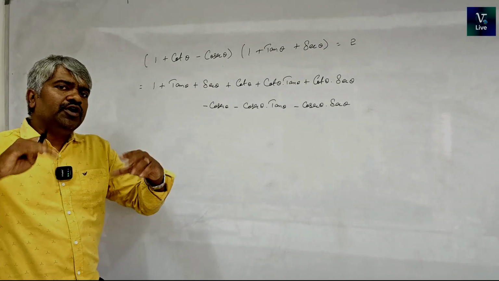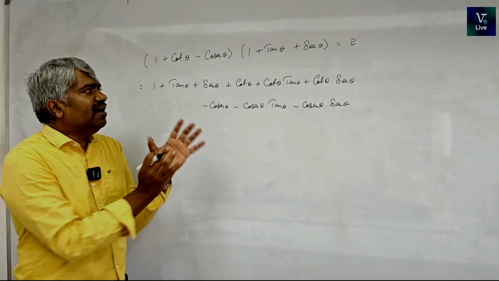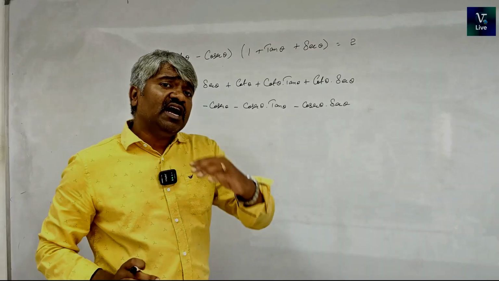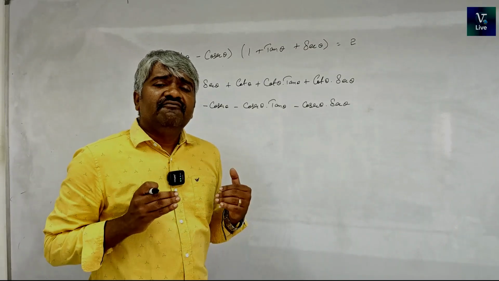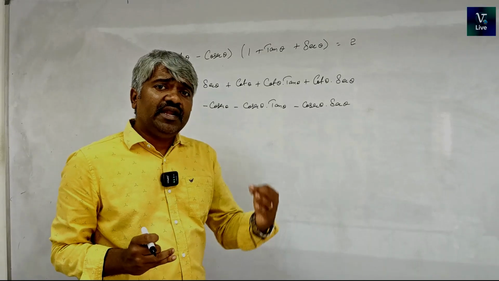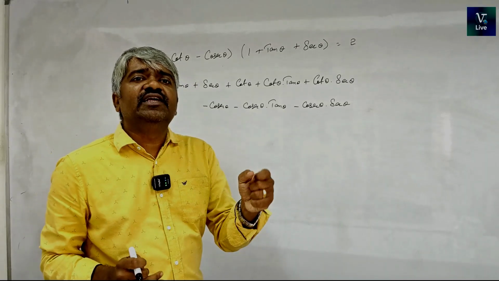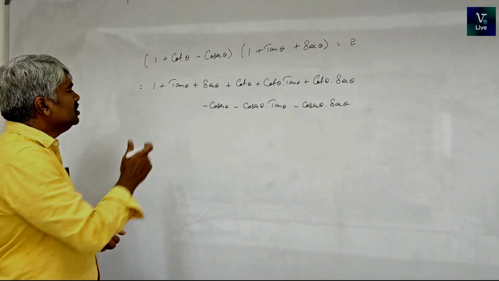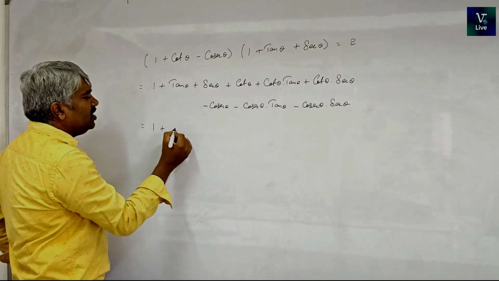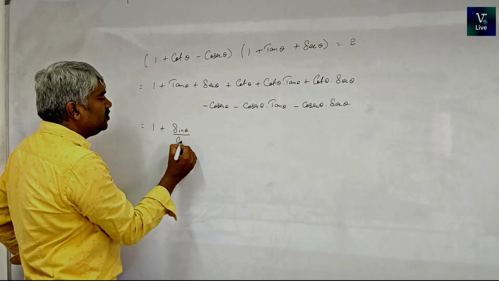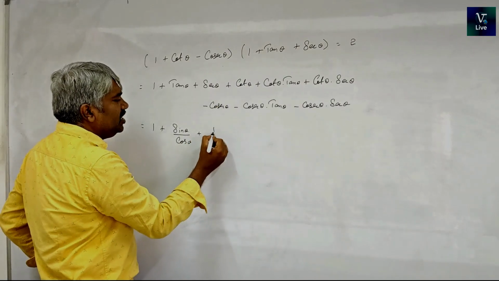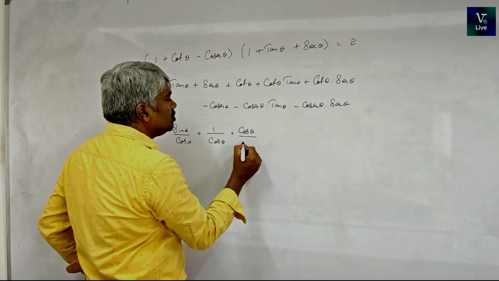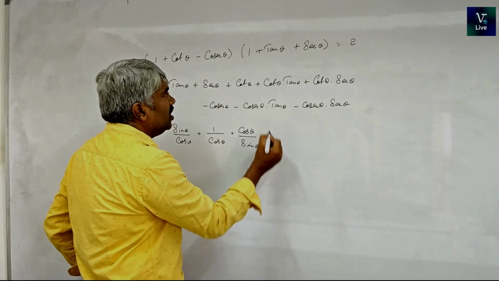In my point of view, whenever I have a very big question like this, and I find difficulty in solving any kind of problem, I'll convert everything into sine and cos. When you convert everything into sine and cos, it may take 1 or 2 steps more, but still you will get the answer. So I'm going to teach you in the same way. Tan theta is sine theta by cos theta, secant theta is 1 by cos theta, cot theta is cos theta by sine theta.